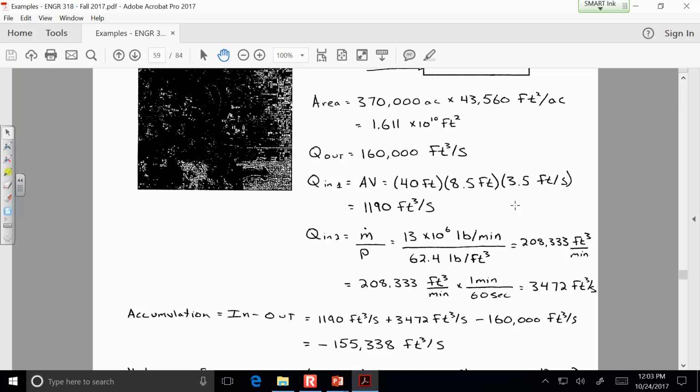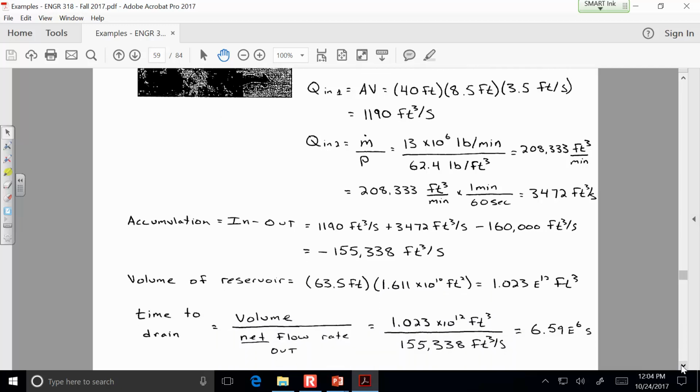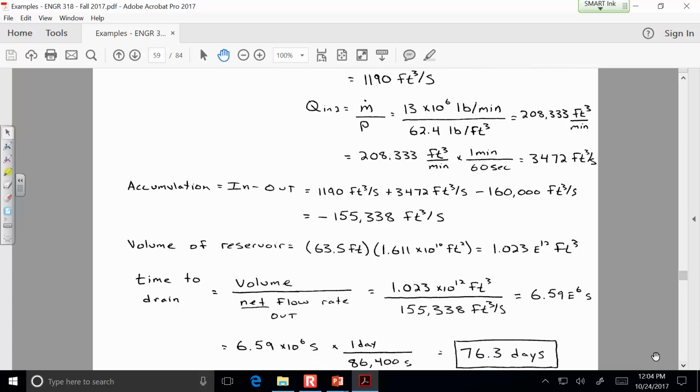If we wanted to, we could calculate the velocity that the water level is going down. The approach that I used, I just calculated the time, but if you've ever filled a swimming pool before, you know that is a very tedious process, because if you're using a hose, it's going to take a really long time. You sit there and watch it, and it seems like the water level isn't changing at all, even though you're continuing to add the water.